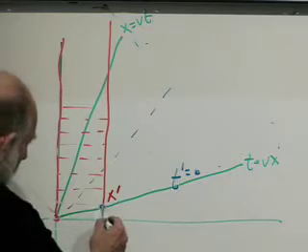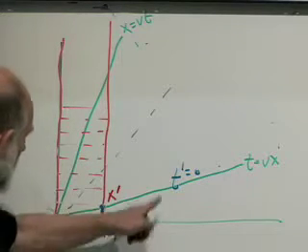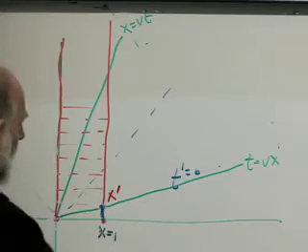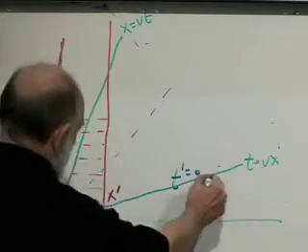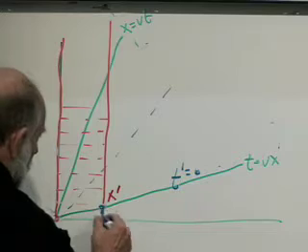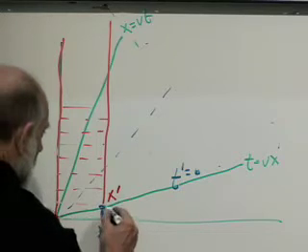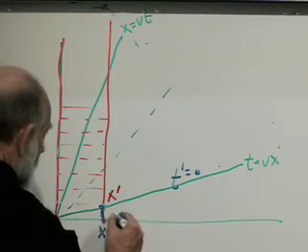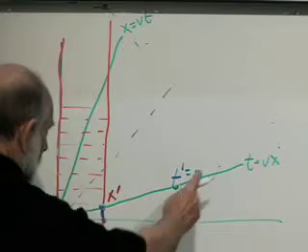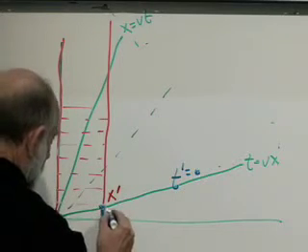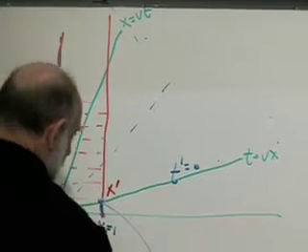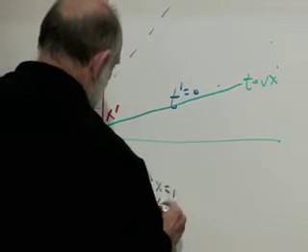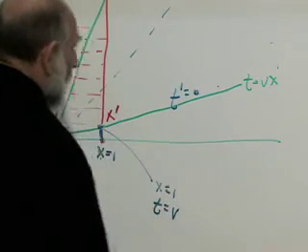What about the height of this point? That's t. All right, that's t equals vx all along this trajectory. So along here, t is equal to just v. T equals vx, but x equals 1. So this point here is x equals 1, t equals v.